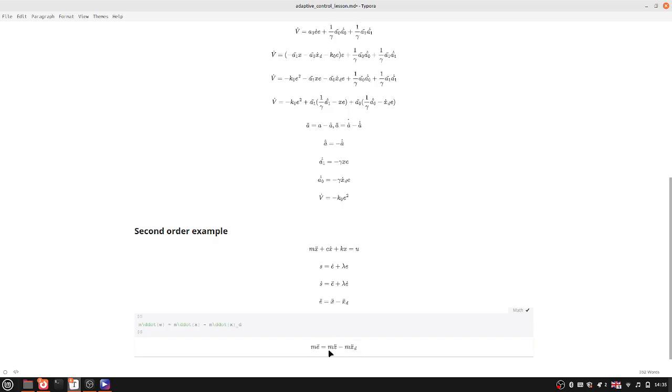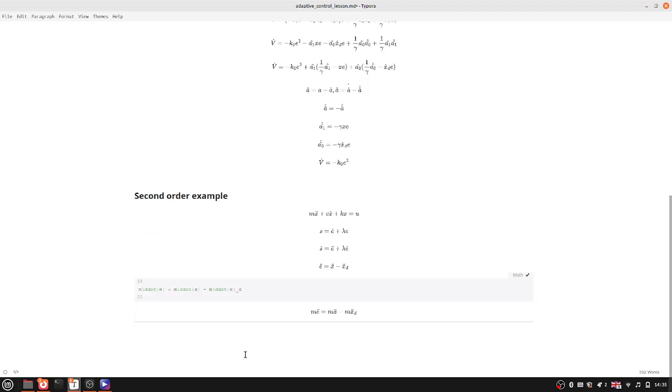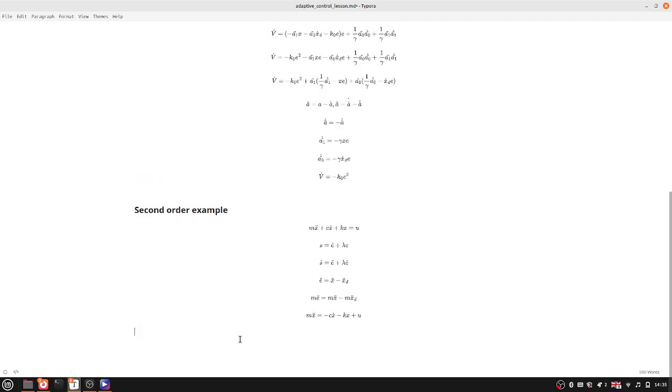Great, because we have M X double dot. We just need to rearrange this equation. So let's rearrange this equation. M X double dot is equal to minus C X dot minus K X plus U. And then we need to substitute this back into M E double dot.